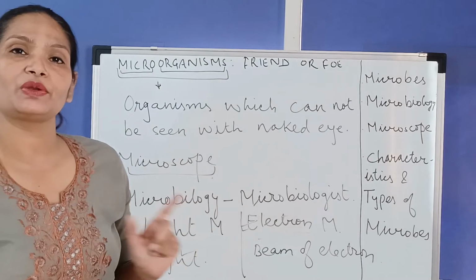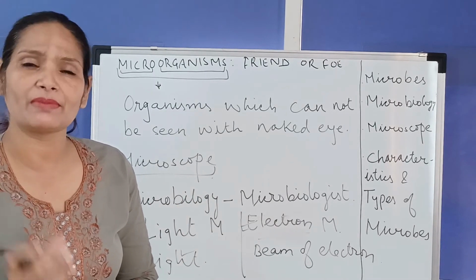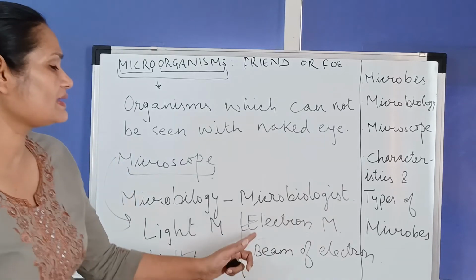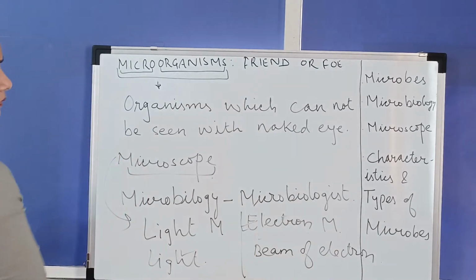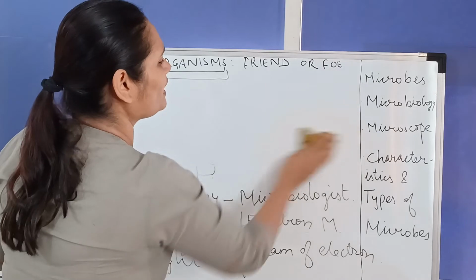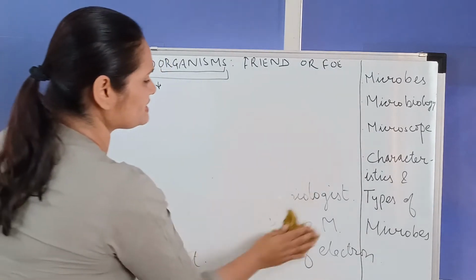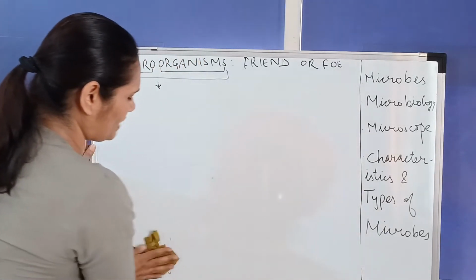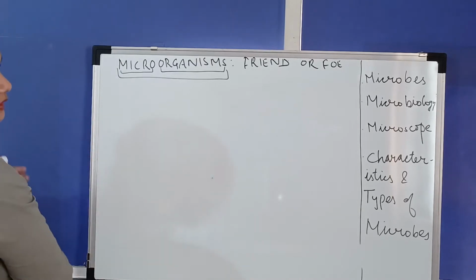It is required to study something very, very tiny. For example, viruses can be seen only under the electron microscope. They are not visible under the light microscope.